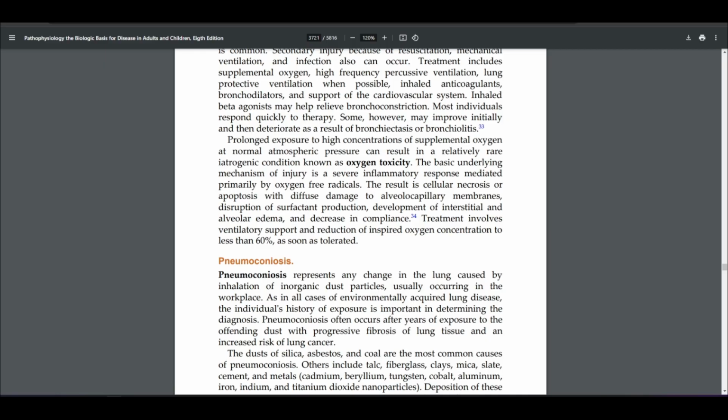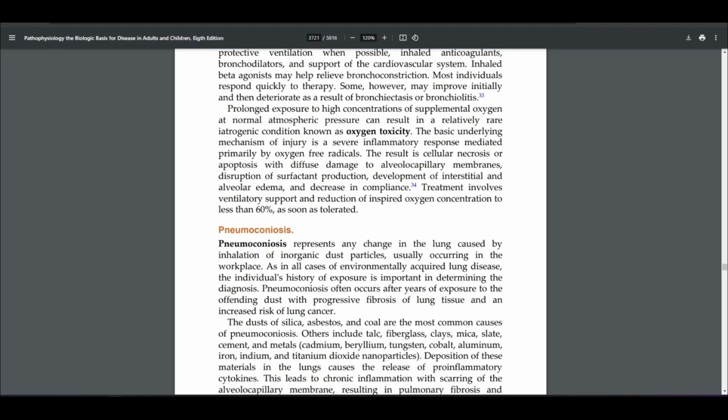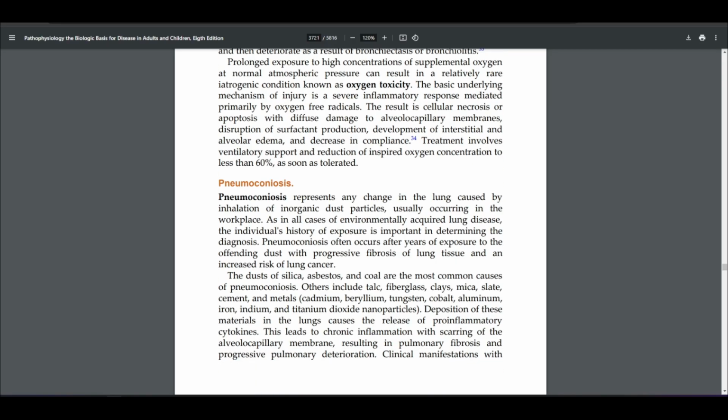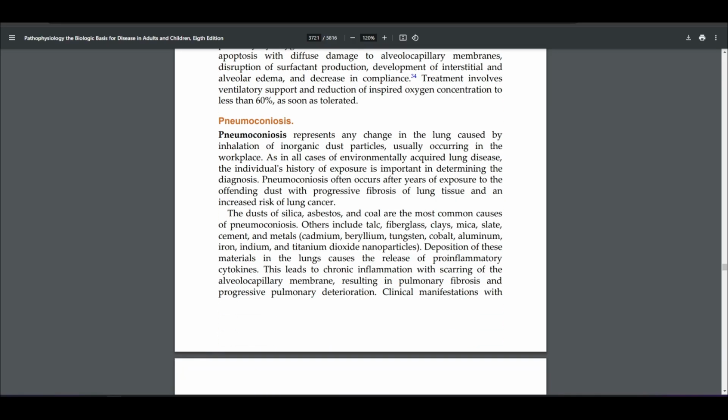The result is cellular necrosis or apoptosis with diffuse damage to alveolar capillary membranes, disruption of surfactant production, development of interstitial and alveolar edema, and a decrease in compliance. Treatment involves ventilatory support and reduction of inspired oxygen concentration to less than 60% as soon as tolerated.